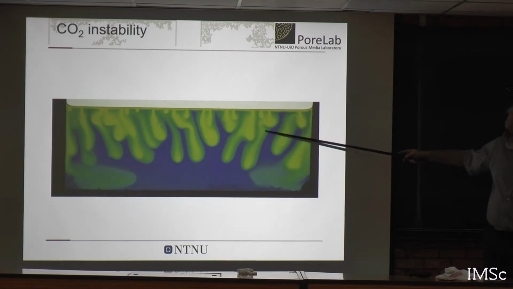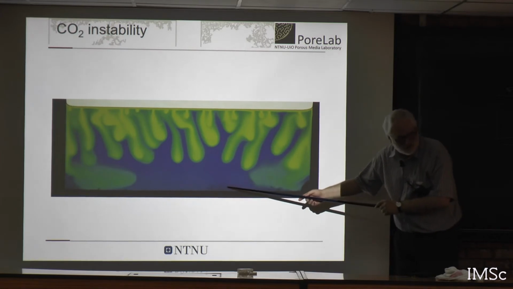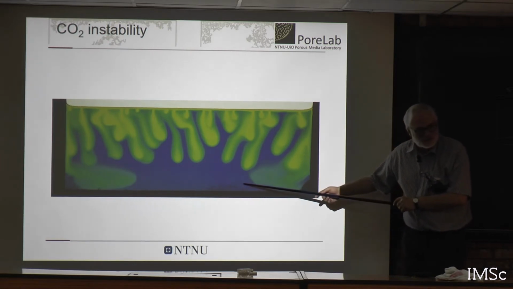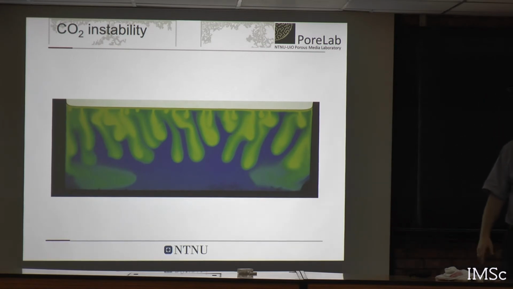So you get these things. It simply pulls the CO2 into the water. And it's amazing that it's these big fingers, because there are these small things here. So there are just so many things to look at here. Okay, I took it because of the color.